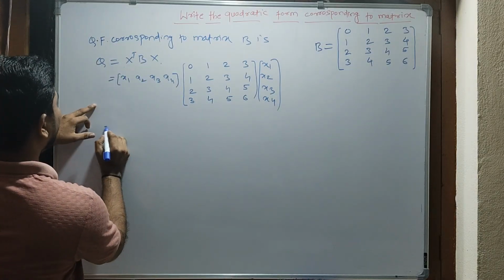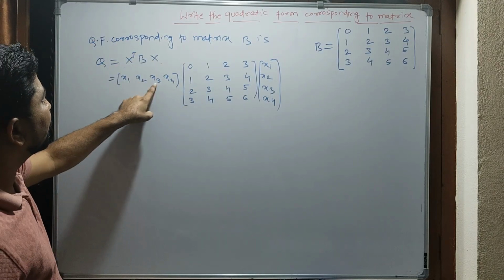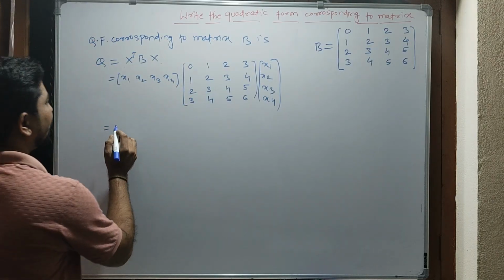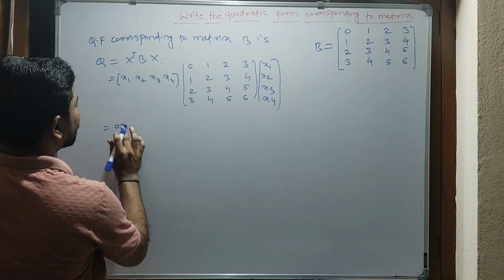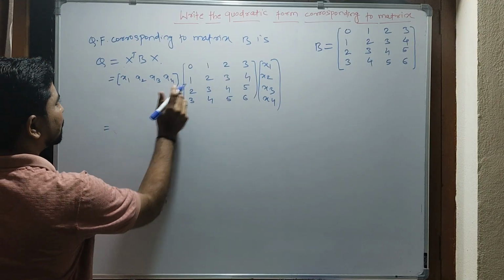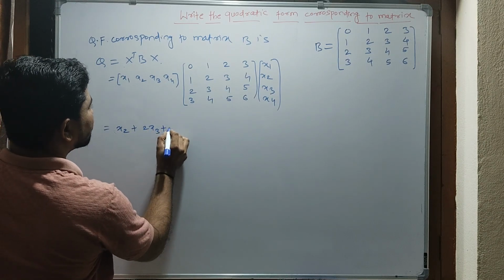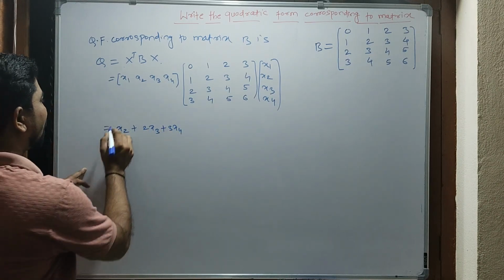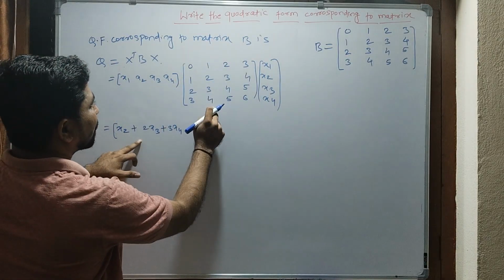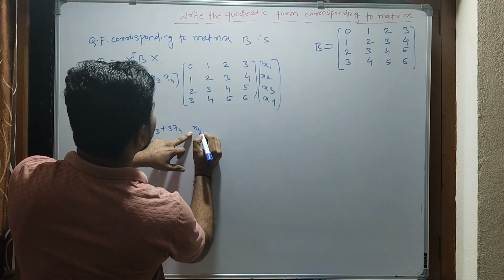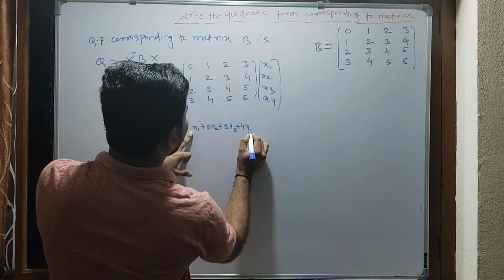First row first column: x1 into 0, x2 into 1, x3 into 2, x4 into 3. Here 0 into x1 is 0, so no need to write it. So this is x2 plus 2 times x3 plus 3 times x4. This is my first position. First row second column means second position: x1 plus 2x2 plus 3x3 plus 4x4.